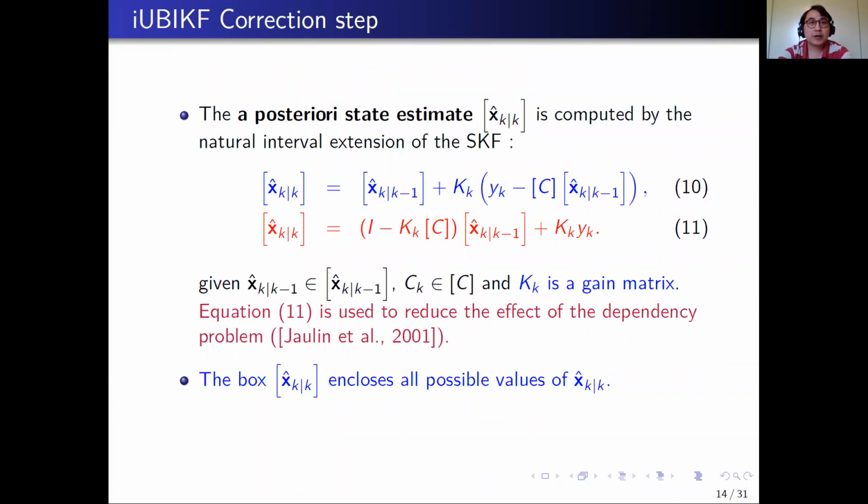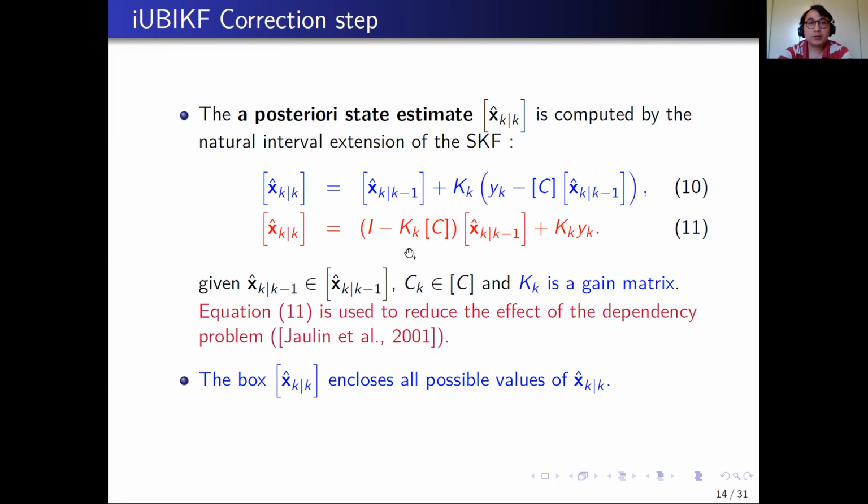In the correction step, the a posteriori state estimate interval x hat k is obtained by computation using the natural interval extension of the standard Kalman filter as expressed in equation 10. This expression can be rewritten in the form of equation 11 in order to reduce the effect of the dependency problem of the interval computation.